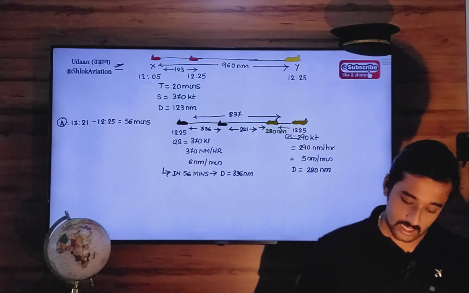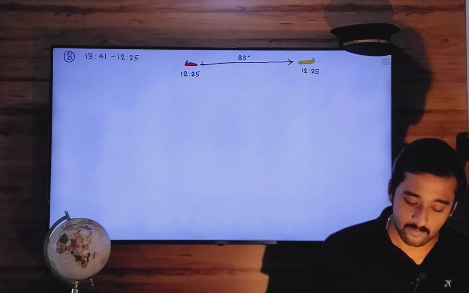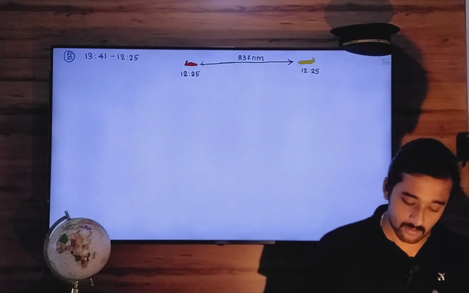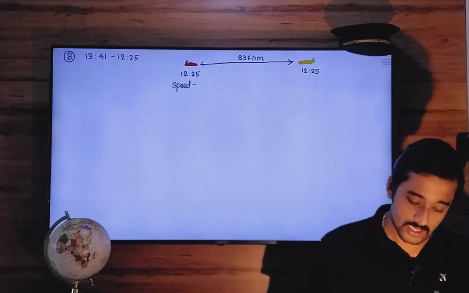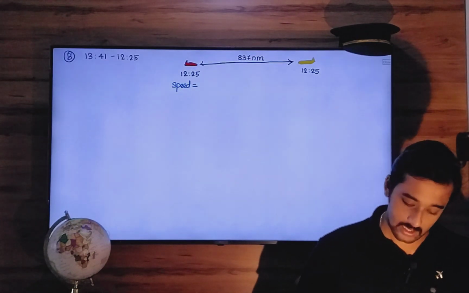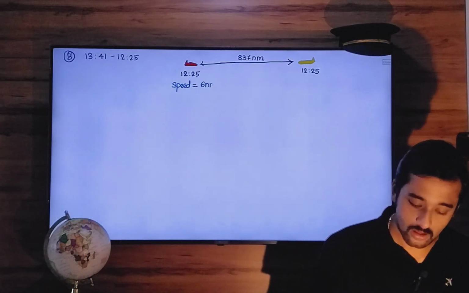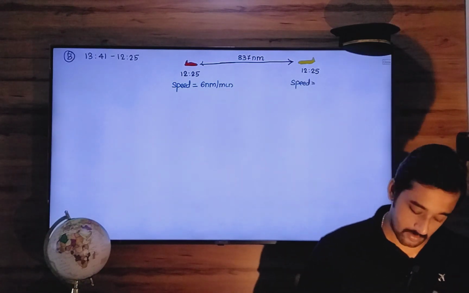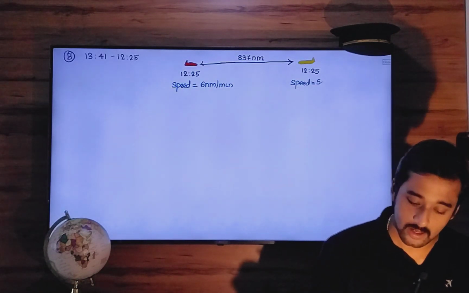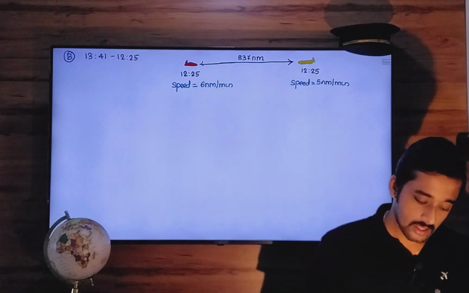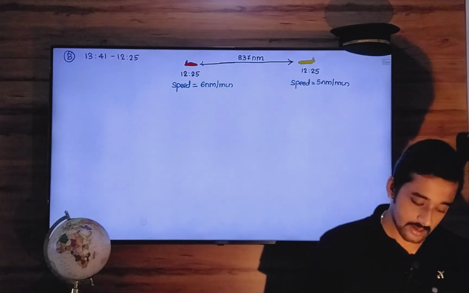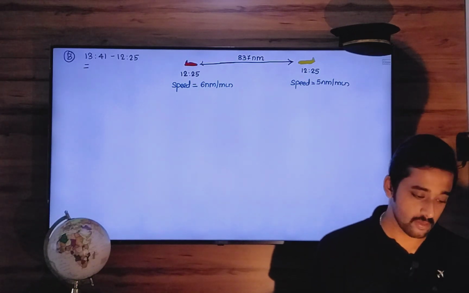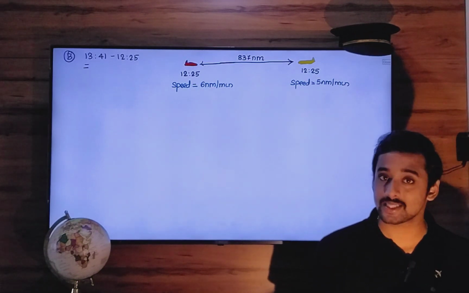is equal to 837 nautical miles. The speed of aircraft number 1 is 6 nautical miles per minute. The speed of the second aircraft is 5 nautical miles per minute. Now 13 hours 41 minutes minus 12 hours 25 minutes is equal to 1 hour 16 minutes.